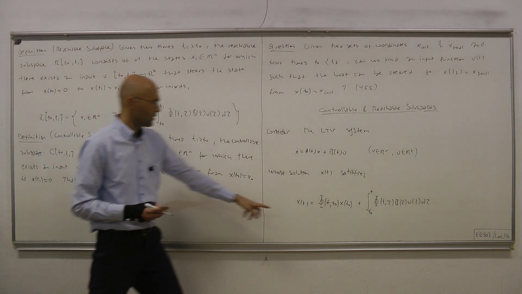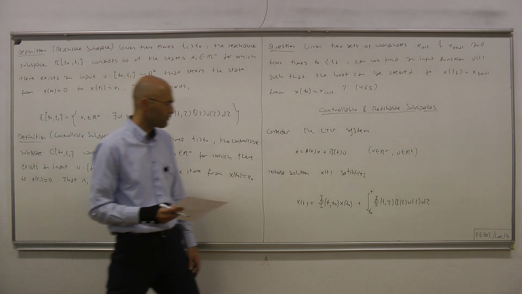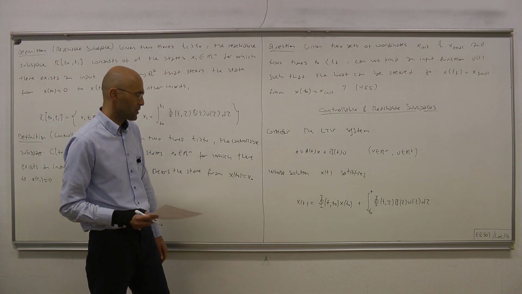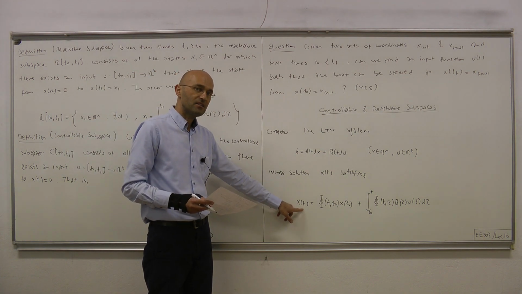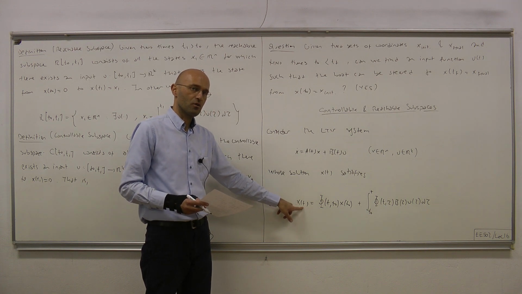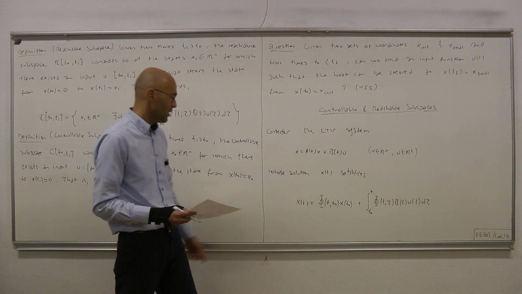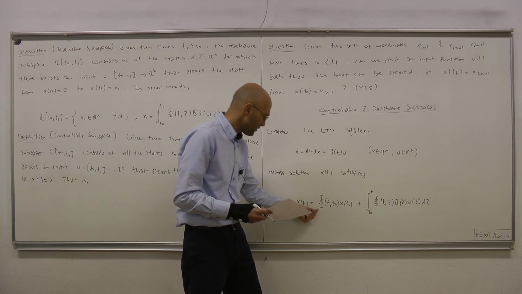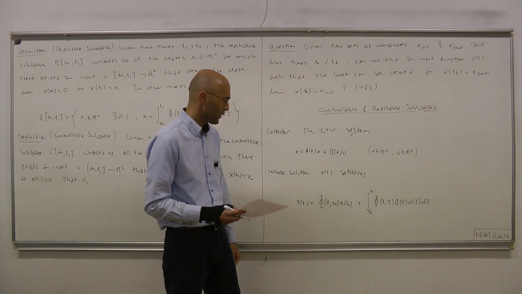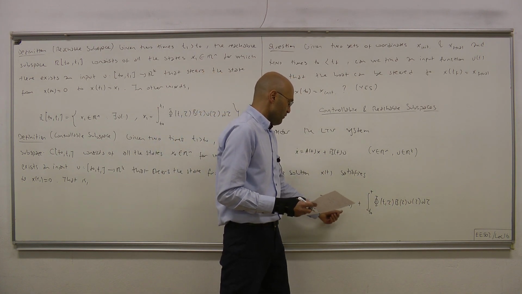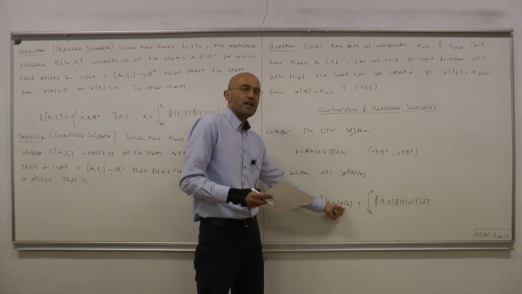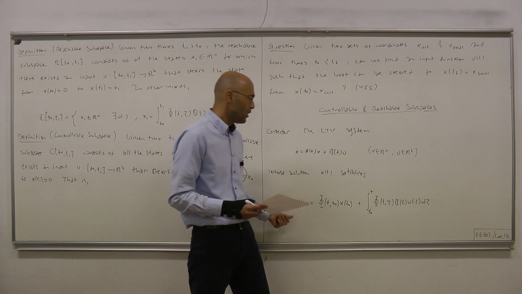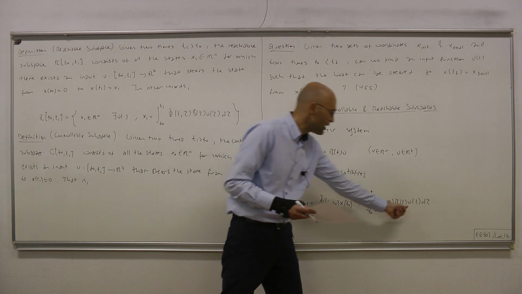In other words, again, let's look at the general solution. This time, we start from a non-zero initial condition, and where we want to end up at time t equals t1 is the origin. So this time, the left-hand side is 0, and we want to solve the equation 0 equals this plus that integral. You pick an initial condition candidate and try to solve this equation for the input function u of t.